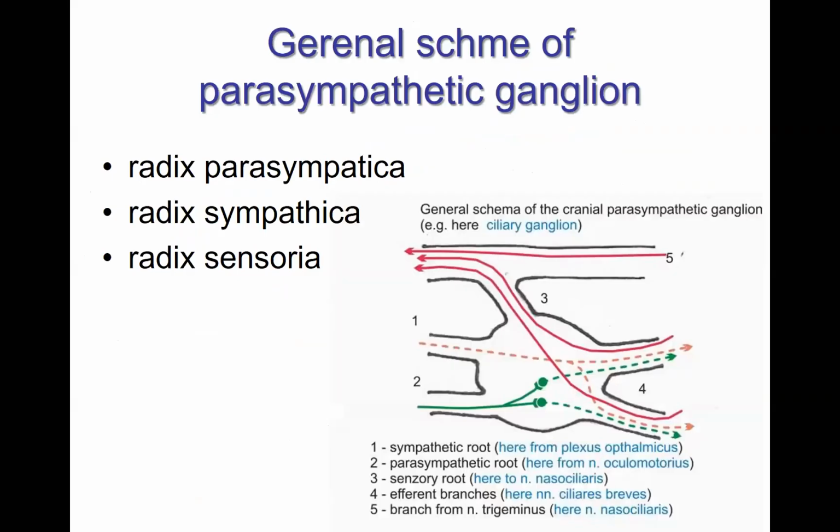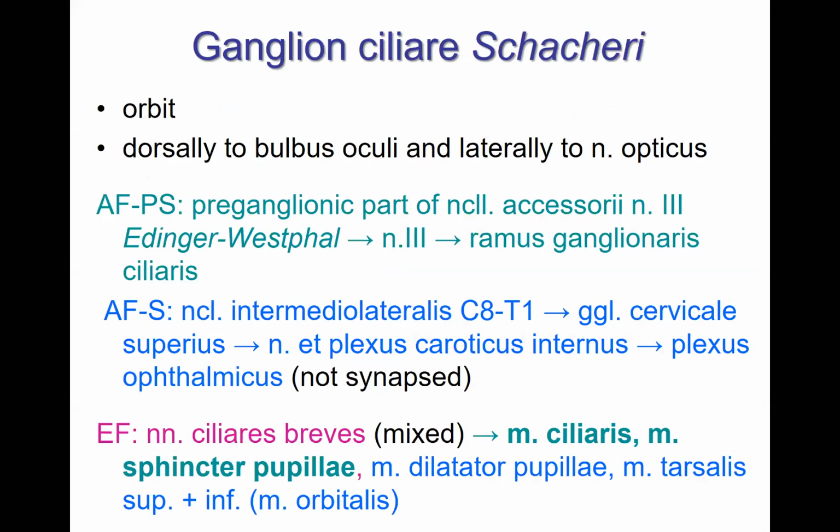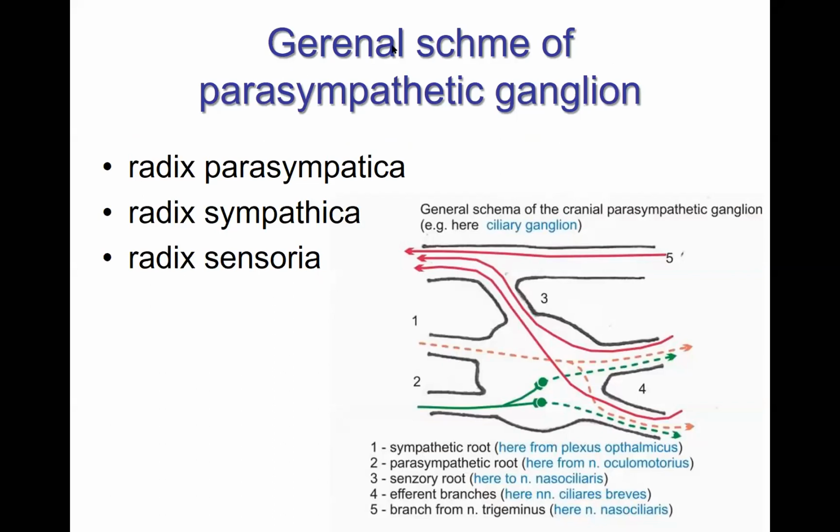Okay, we can look at the ciliary ganglion also like this. Every ganglion, and for example now we talk about the parasympathetic ganglion, has a parasympathetic root. The parasympathetic root is synapsed in the ganglion. Then it has a sympathetic root.